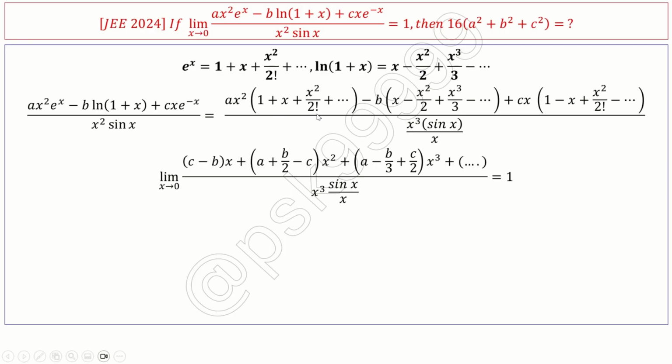What is my x term? There is one c x here, and there is one minus b x, so (c − b) x. Now the x² terms: a x², so the coefficient is a, plus b by 2 x², and minus c x², so (a + b/2 − c) x². The x³ term: a x² into x is a x³, minus b by 3, and here it becomes c by 2 factorial, which is c by 2, into x³, and so on.